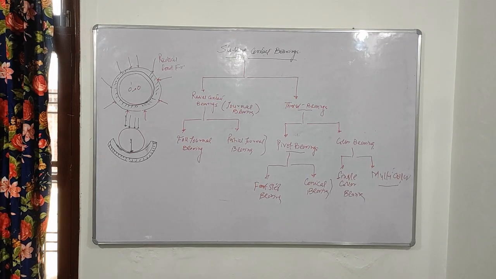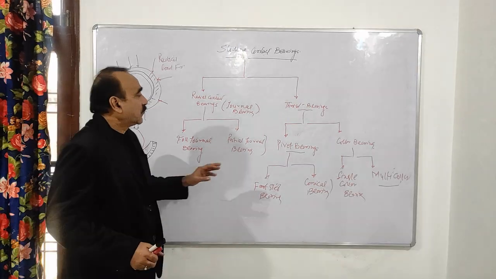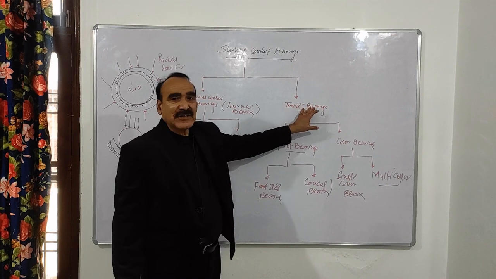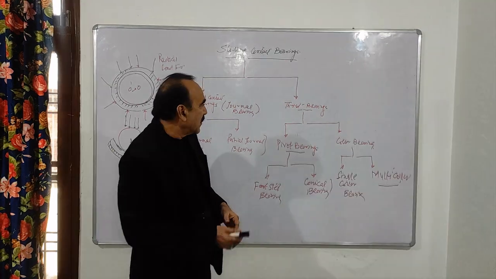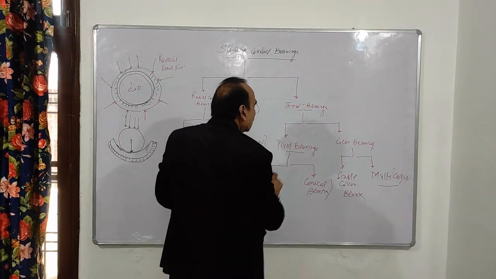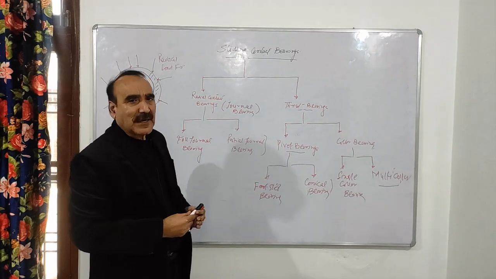Such type of bearings are called the thrust bearing when the load is acting along the axis of the shaft, right? अब ये जो thrust bearing है, this is also divided in two parts.